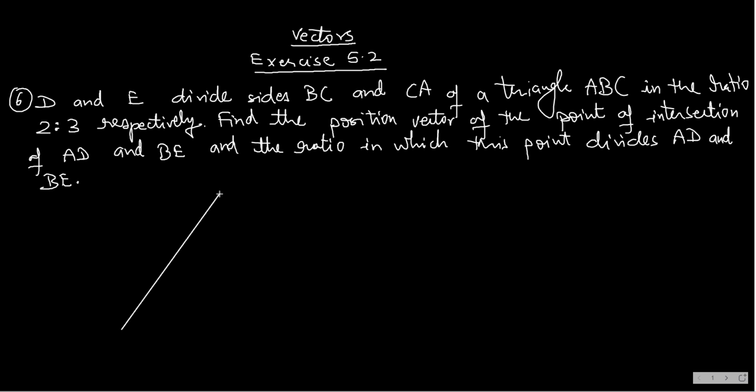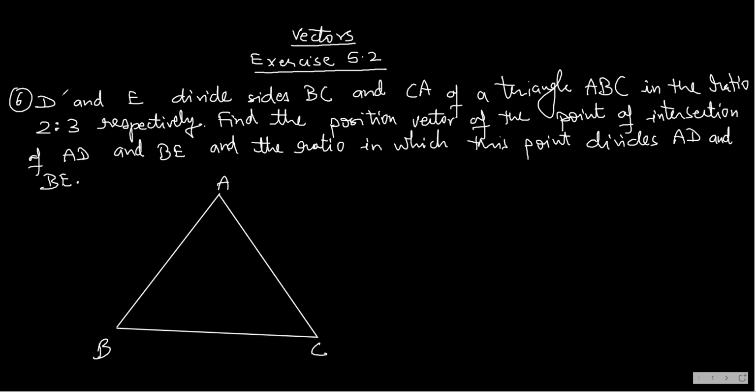So here I draw triangle ABC. It is said D and E divide sides BC and CA of triangle ABC in the ratio 2:3 respectively. So what does that mean?